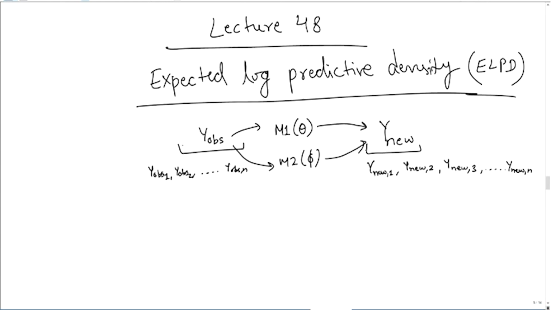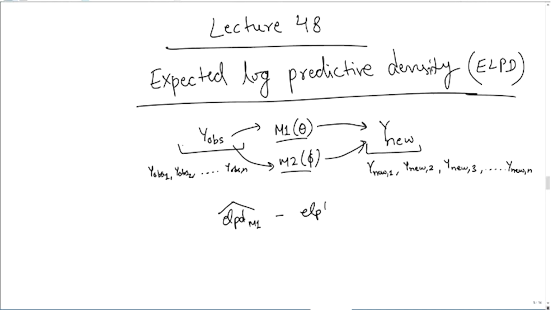So we are going to measure predictive accuracy of this model and see which one is better at predicting future data. The measure that we are actually going to compute will be ELPD. We will compute ELPD of model M1, and this will be an estimate of ELPD. We are not going to compute exact ELPD, but always an estimate, in the same way as we obtain parameter estimates, not the exact parameter values.